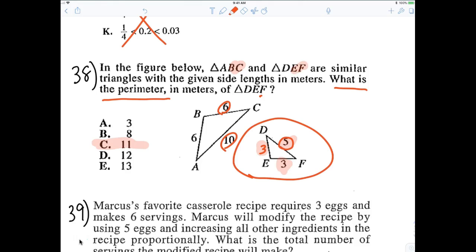EF. We're not even looking at the triangle. I'm looking at the similarity statement. And now the last one, just to make sure you guys hear me, AC corresponds to what? DF. Everybody get me now? Yeah. All right, that's important.